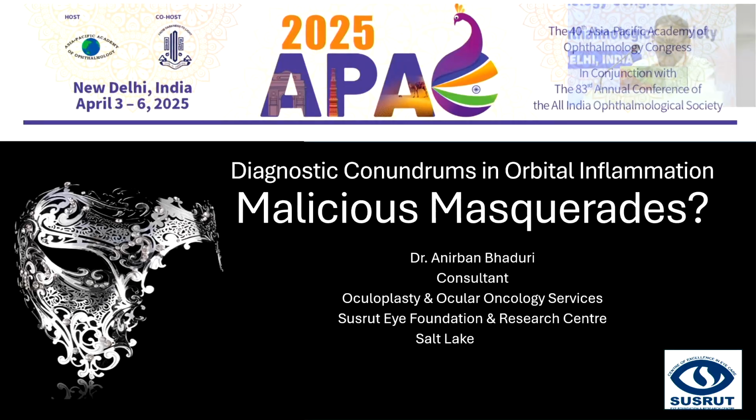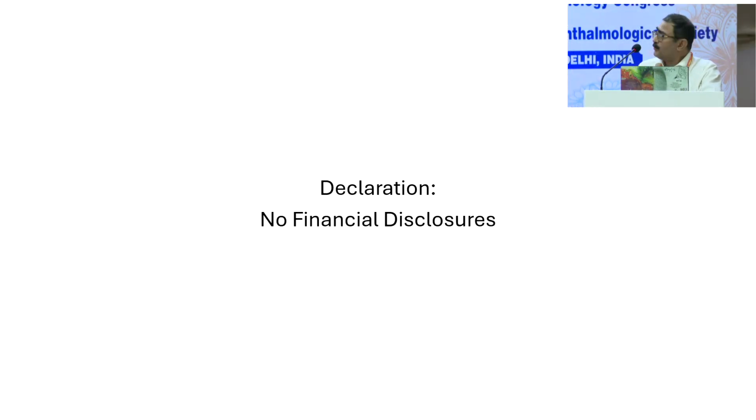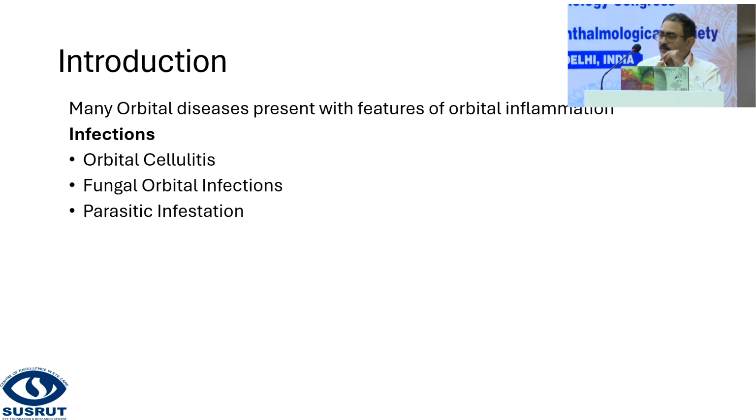And Dr. Joyita so nicely told us when to do a CT scan, when to do an MRI, along with case examples of different kinds of inflammation as well as certain masquerades. So I'll just go on to masquerades. This is more of my line of work. And I have nothing to declare.